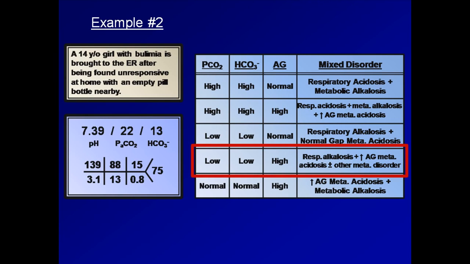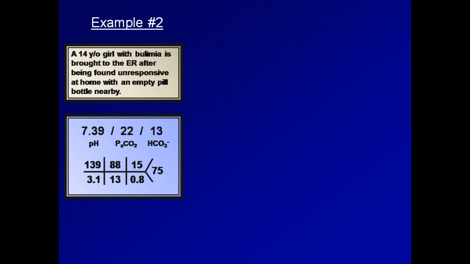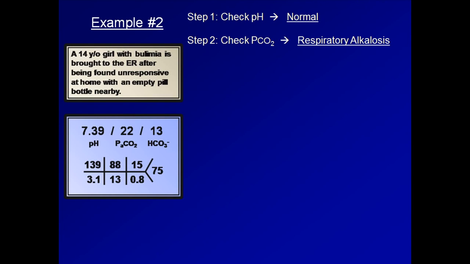So let's go through this case with the standard algorithm. Of course, pH is normal. The PCO2 is low. As discussed with the last example, when the pH is normal and the PCO2 is low, the patient must have a respiratory alkalosis. Step 3 is evaluation of compensation. Again, this isn't actually compensation when the pH is normal, but more a step in which we identify the opposite primary disorder.